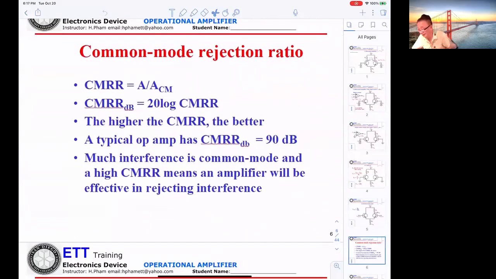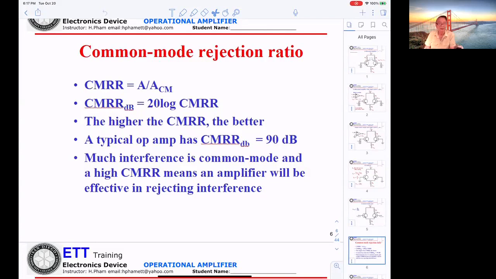Make sure you understand. This is from a different textbook: common mode rejection equals A divided by ACM. A means AVD, that means differential amplifier voltage gain. ACM means common mode. And they also have the formula 20 log of CMRR if you want it in decibel. And they said the higher the common mode rejection, the better.